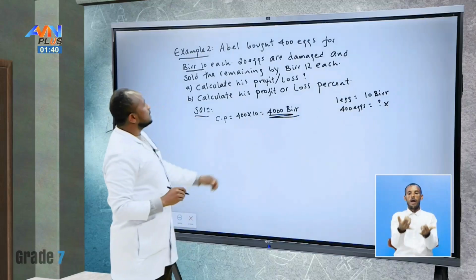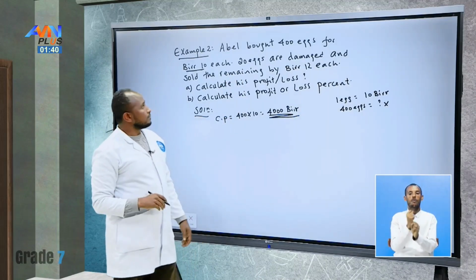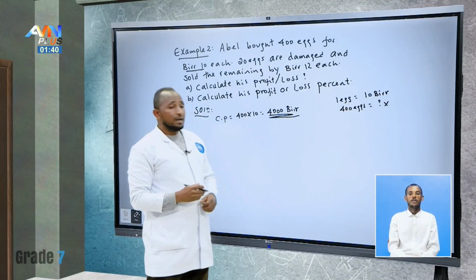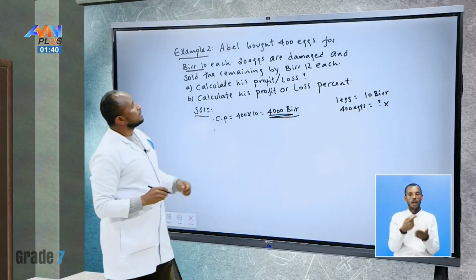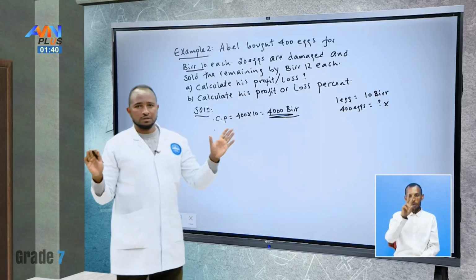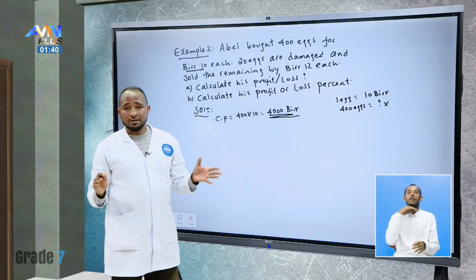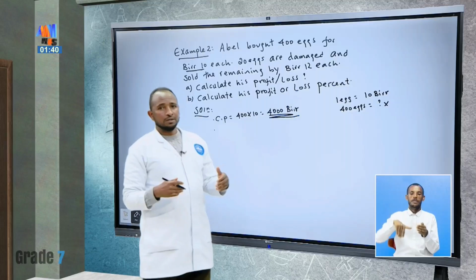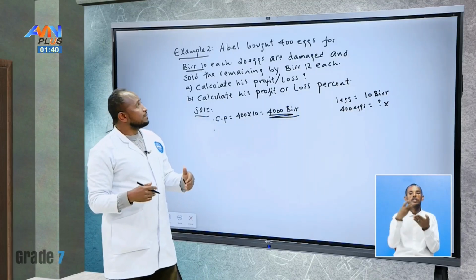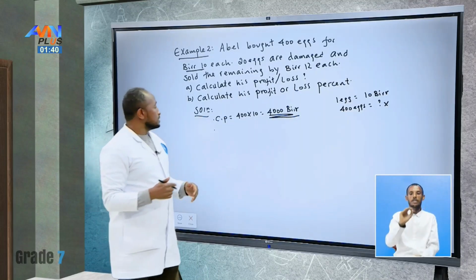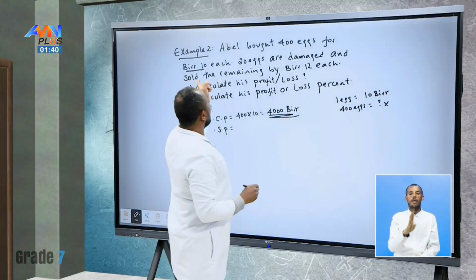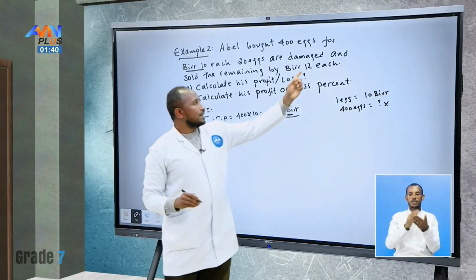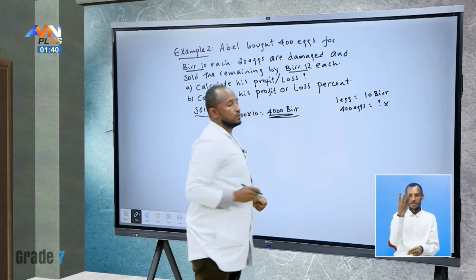Now, let's try to find the selling price. Here, 20 eggs are damaged. So, he sold the remaining. How many eggs has he sold? He sold 400 minus 20 eggs. What is the selling price of one egg? It is 12 birr.